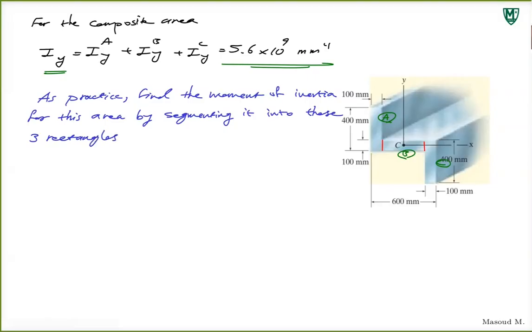Right? You should find the same thing, but it's a good practice because now you know the final answer, Ix and Iy for the composite area. So do this, segment this into these rectangles and find the area moment of inertia, Ix and Iy, by finding the moments of inertia for each segment and summing them up.